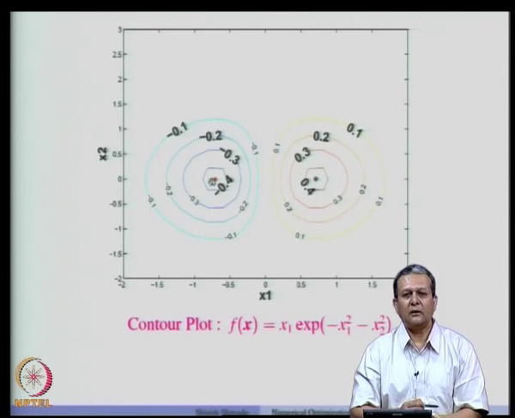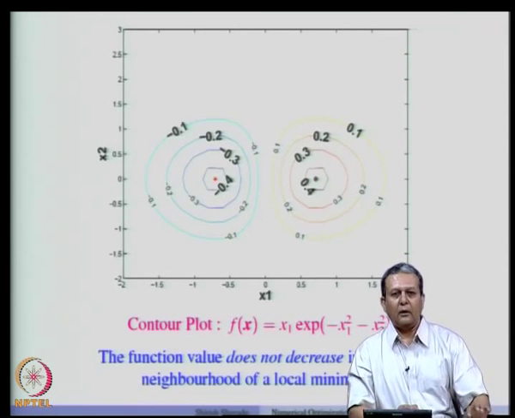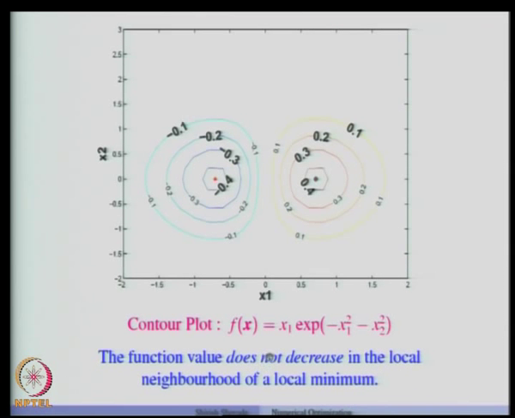This is a characterization of a local minimum: in the neighborhood, the value of the function does not decrease. It may remain constant, but it does not decrease. This is an important observation: the function value does not decrease in the local neighborhood of a local minimum, and you can see clearly at this point that if we move in any direction from this local minimum, the value of the function does not decrease in the local neighborhood.